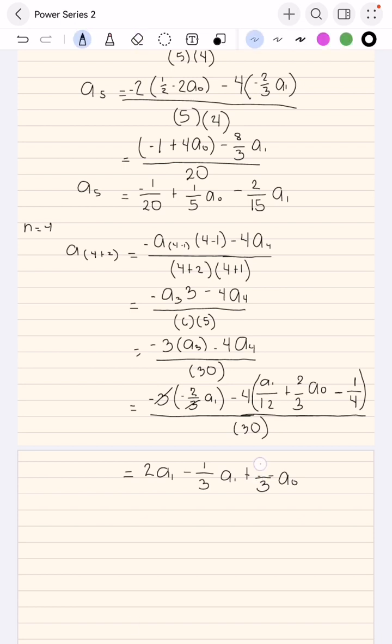How is 8, 3. Negative. A0 plus 1 over 30.